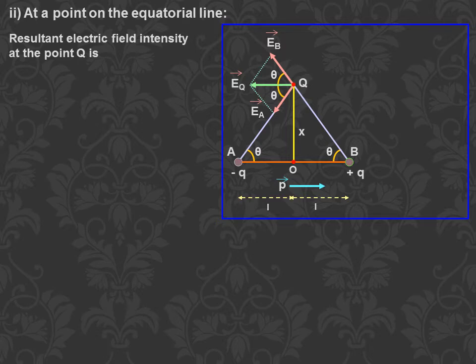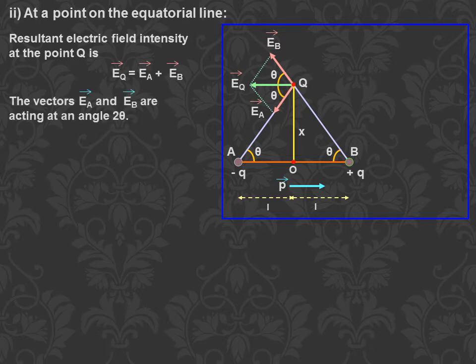The resultant electric field intensity at the point Q is EQ equals EA plus EB.